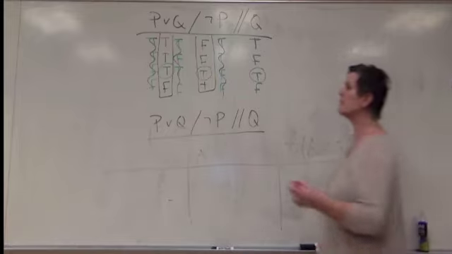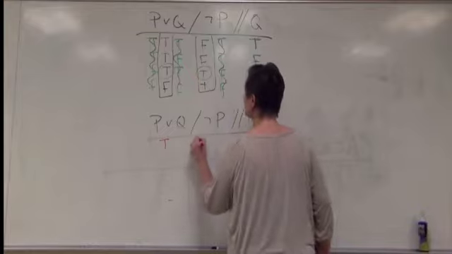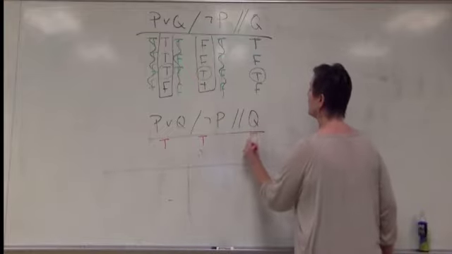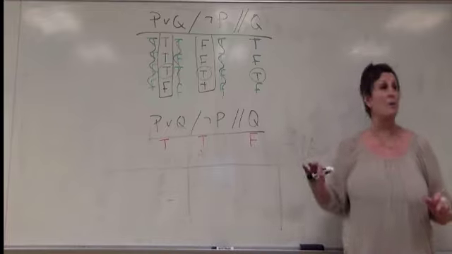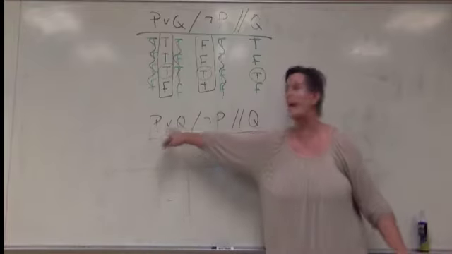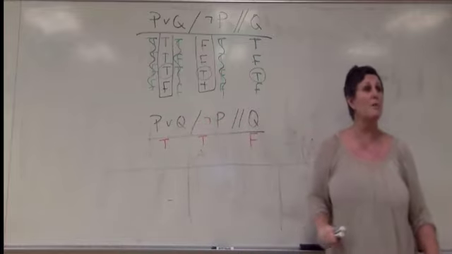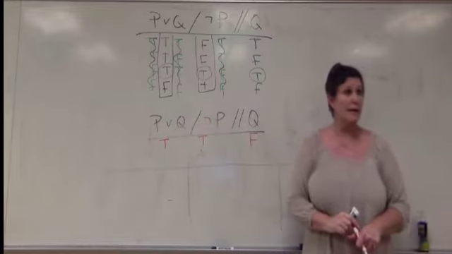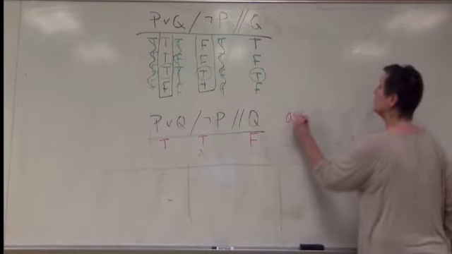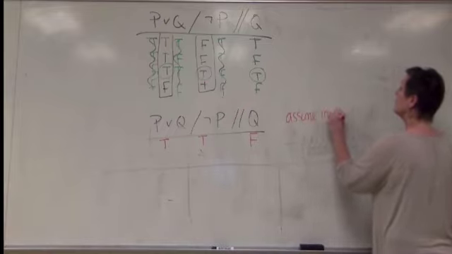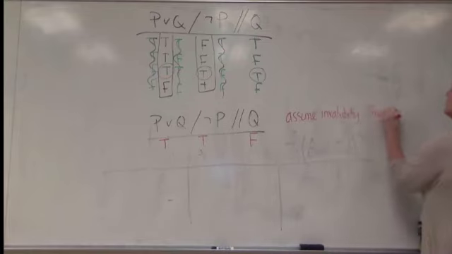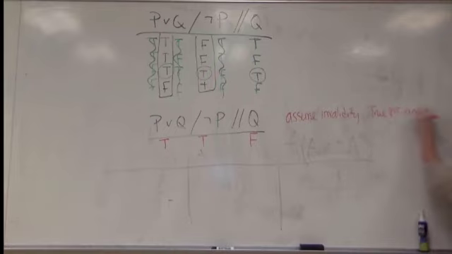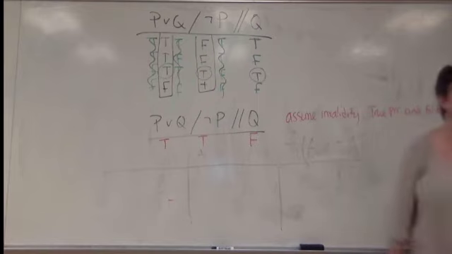An invalid argument is one in which the premises are true while the conclusion is false. Yes? Notice now I'm going to work backward. I've started with my connective for each premise. Now I've got to work backward. The premises are true. So assume invalidity, which is true premises and false conclusion, which I'm abbreviating as CONCL.